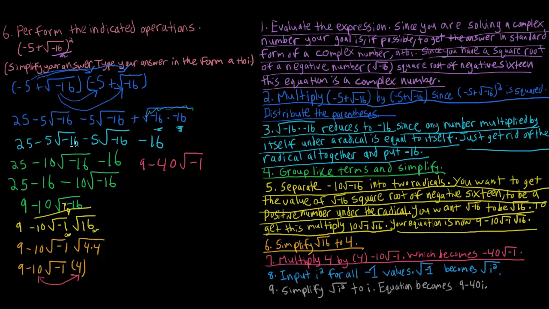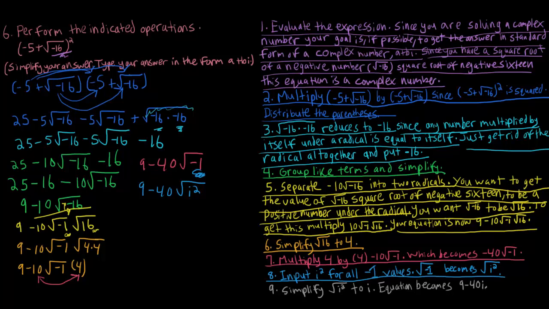And then for step 8, it says input i squared for all negative 1 values. Square root of negative 1 becomes the square root of i squared. So right here we have a negative 1 value. We want to substitute that for i squared. So we have 9 minus 40 square root of i squared.